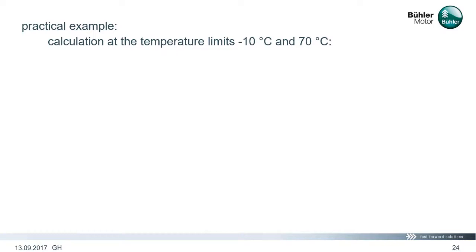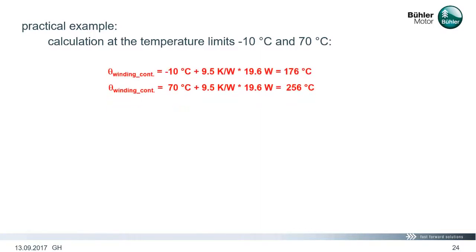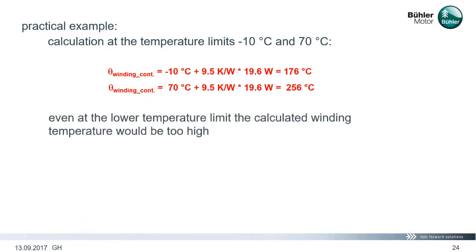We calculate the winding temperature at the temperature limits of the specification and see the theoretical range for the winding temperature between 176 degrees C and 256 degrees C. This means that even at the lower temperature limit, the calculated winding temperature would be too high.